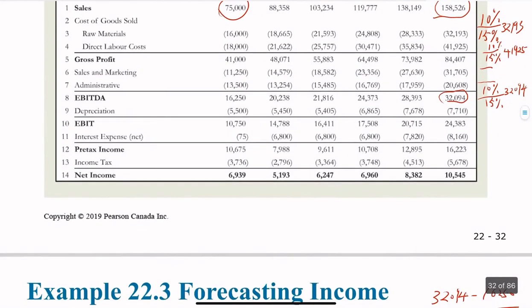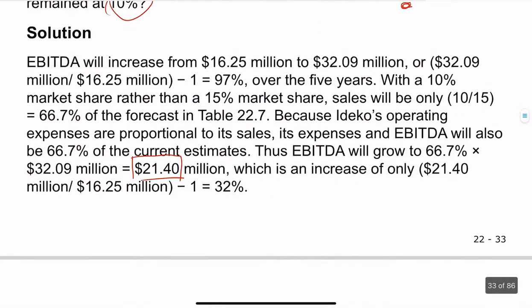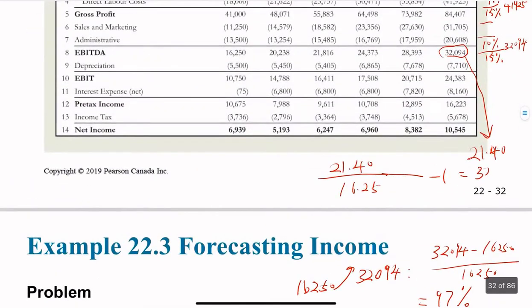So this will give you 21.40. And in terms of growth rate, it would be 21.4 divided by 16.25 minus 1, which would be 32%.